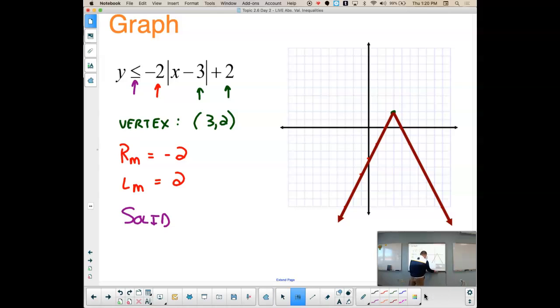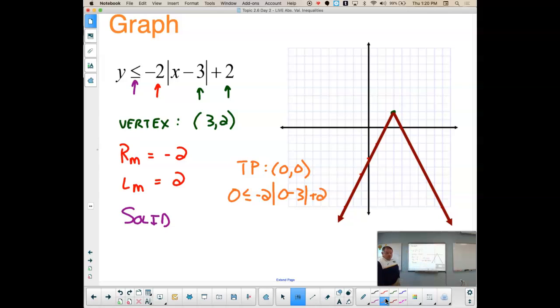Then it didn't go through the origin. Didn't get my color. Didn't go through the origin, so I'm going to use the origin. 0 less than or equal to -2 times the absolute value of 0 minus 3, then plus 2. 0 minus 3 is -3.